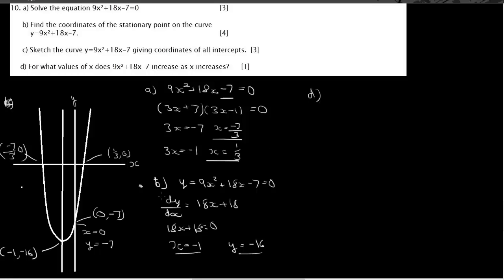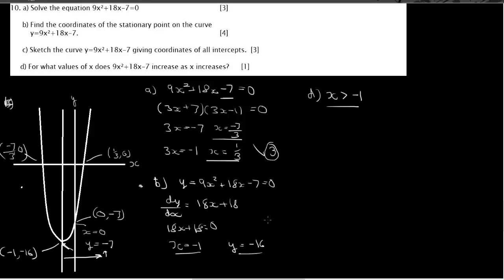And for D, it says for what values of x does 9x squared plus 18x minus 7 increase as x increases? Well, it's from there. As x increases from that point there, in that direction, so x is greater than minus 1, because x is minus 1. So we'll get a mark for that.